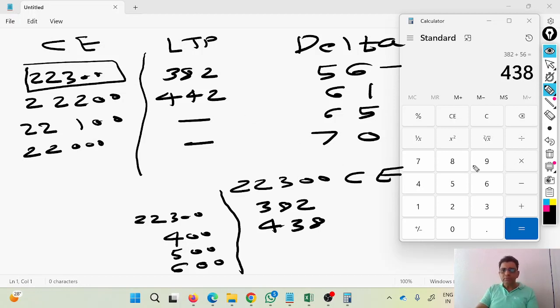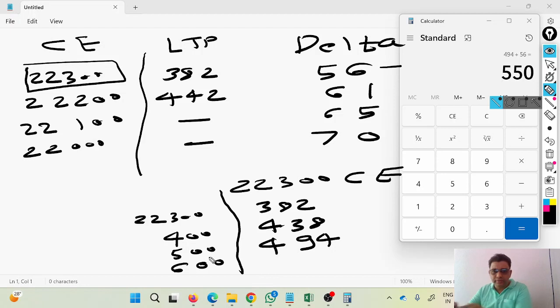As of now, think that theta is not working, vega is not working, rho is not working. So all other option Greeks are inactive. So what will happen if Nifty goes to 22,500? I will add 56 to this, so it will become 494. And lastly, once it becomes 22,600, I am again adding 56 to this value, it will become 550.